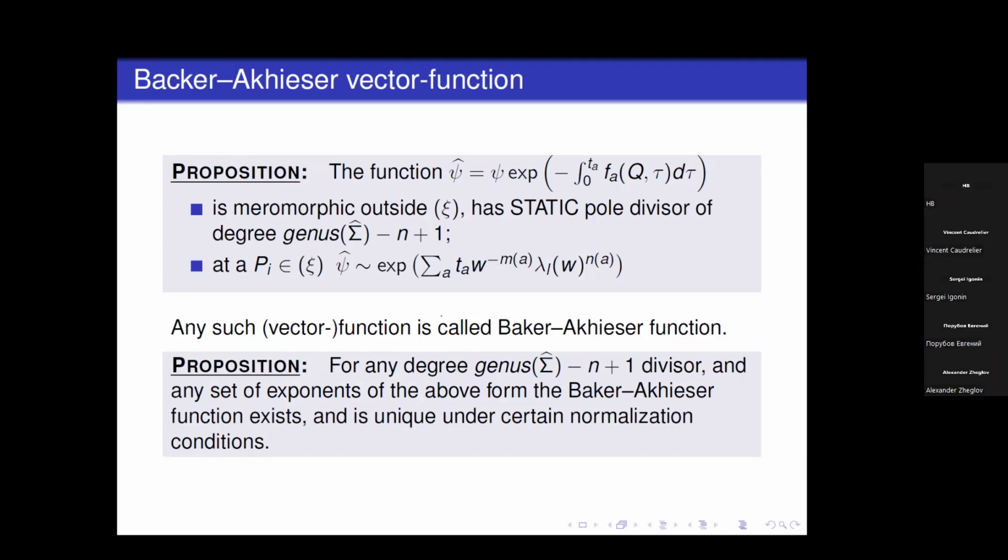By the theory of Krichever, which is very universal, in order to get rid of the dynamical pole divisor, it is sufficient to multiply the eigenfunction, the vector function psi, by the following scalar valued exponent: the exponent of the integral of the function f_A with variable upper limit t_A.